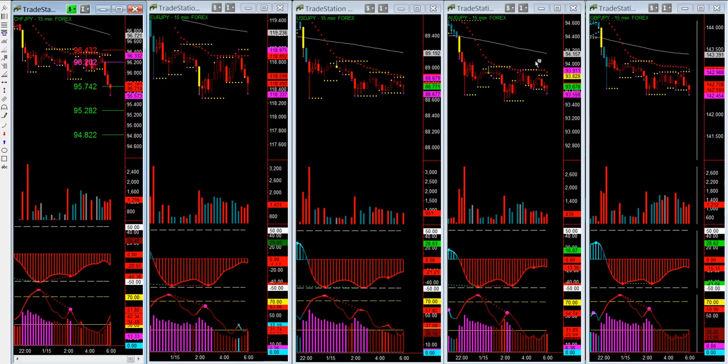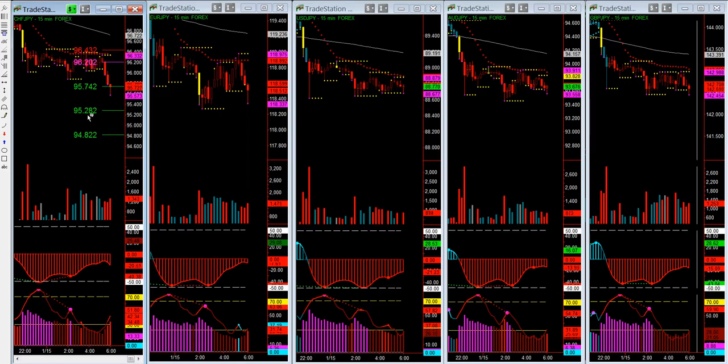Now let me go back a minute, because on the Aussie yen you did get diverging volume here, so you could have had an entry here, but I was looking at just pulling back to the ATR. So that's 1, 2, 3, 4, 5 different currencies that gave you a potential entry point.